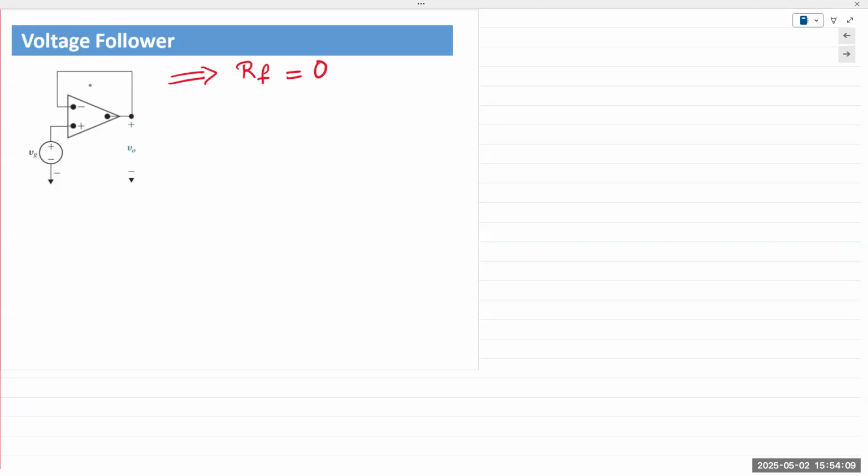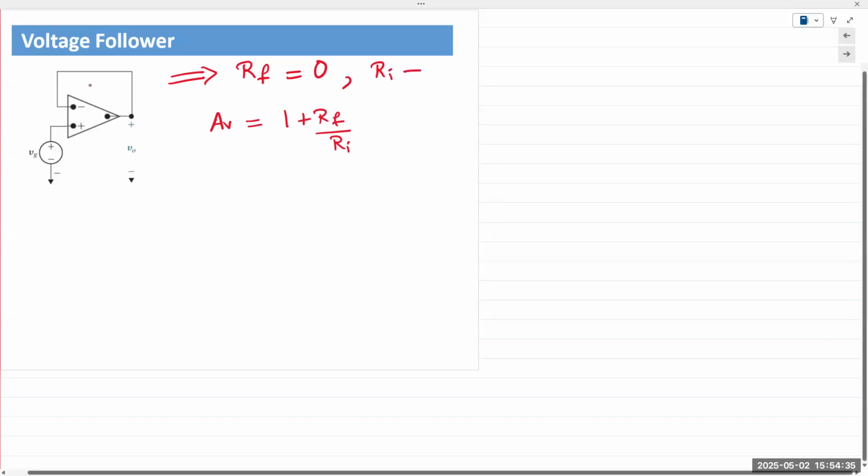So let's just follow this in mathematical terms. We already know the gain for a non-inverting amplifier is 1 plus RF over Rin. In this voltage follower configuration, RF is 0, and there is no Ri or Rin.